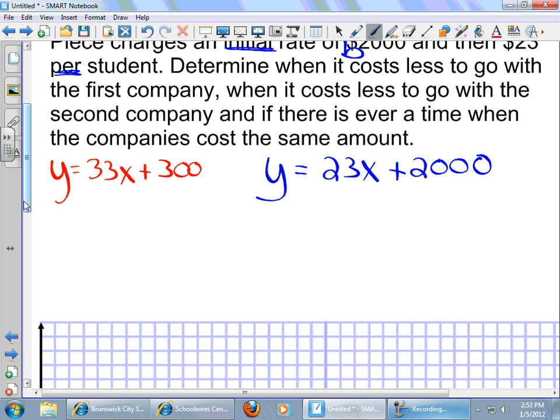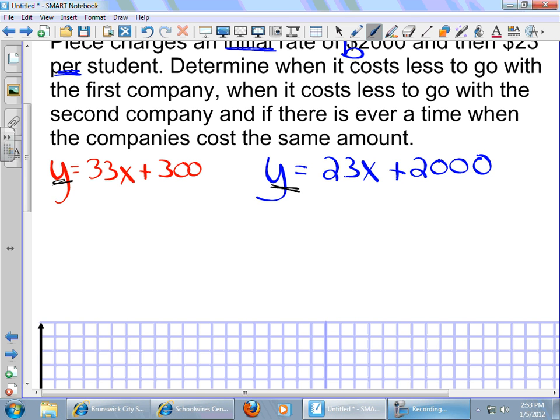So I'm going to start by using substitution. I should finish reading. Determine when it costs less to go with the first company, that's the red one, when it costs less to go with the second company, the blue one, and if there's ever a time when the companies cost the same. I'm going to go for the time when they cost the same. This looks like a great problem to do substitution on because y is alone in both cases.